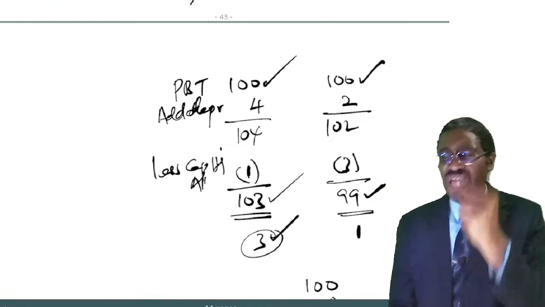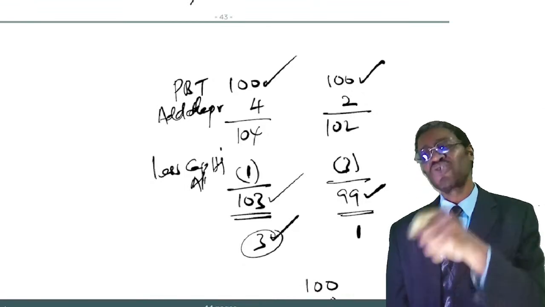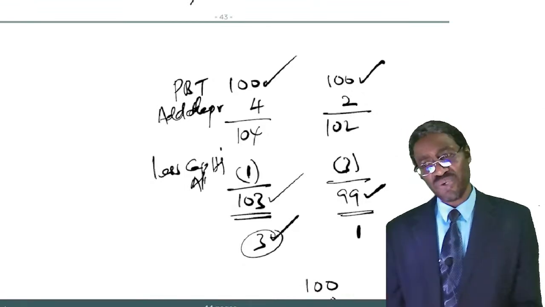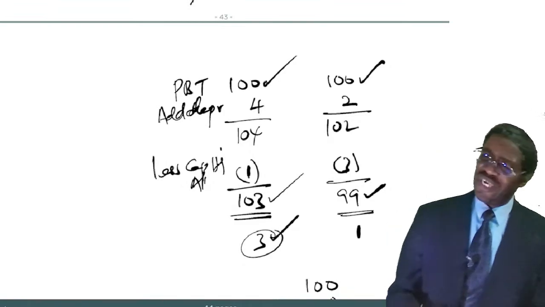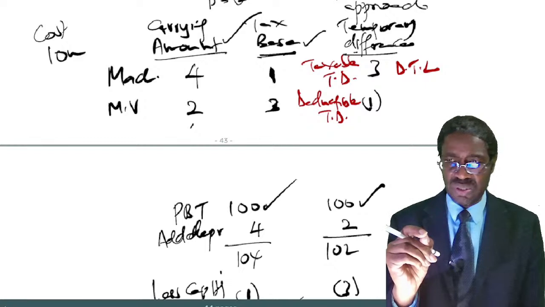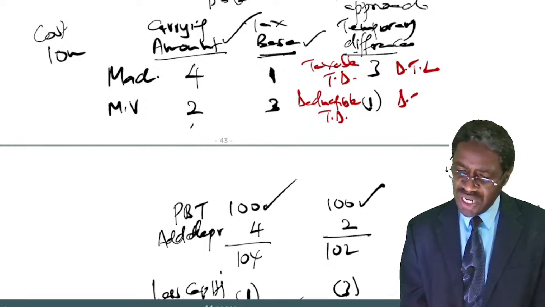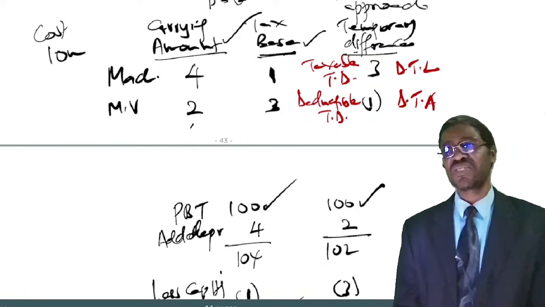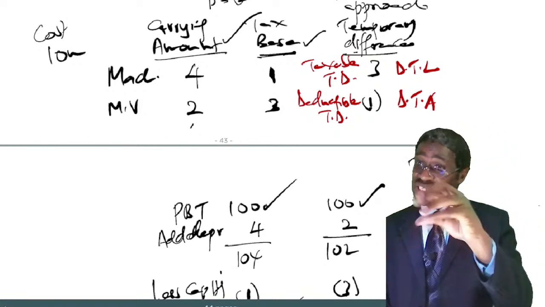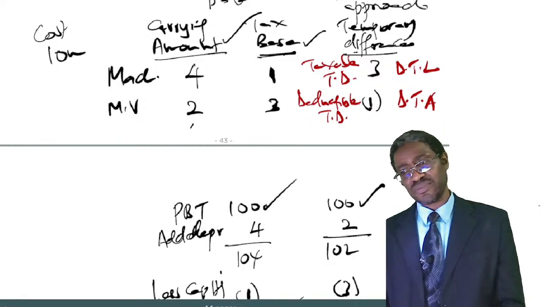So you create an asset now to be recovered in the future. If you have what we call a deductible temporary difference, that creates what we call a deferred tax asset.